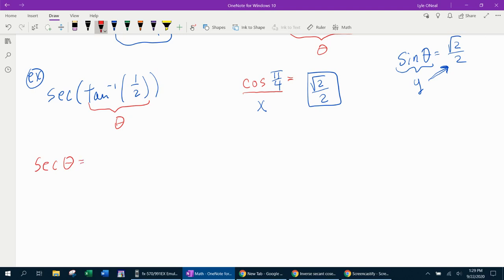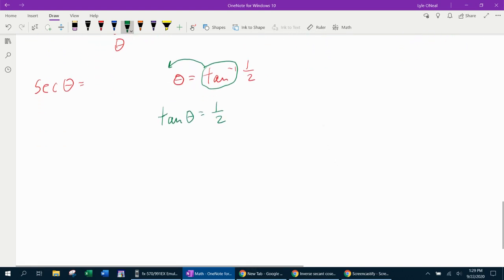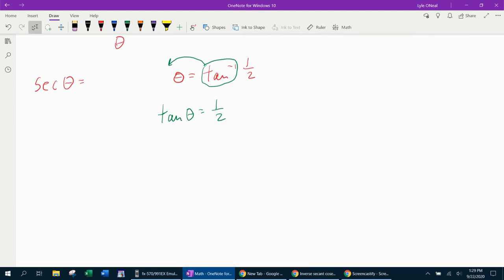So again, this is like a two-part problem where we're going to start and say theta is the inverse tangent of a half, and then we're going to bring the inverse tangent to the other side, and that's going to say tangent of theta is a half, okay?